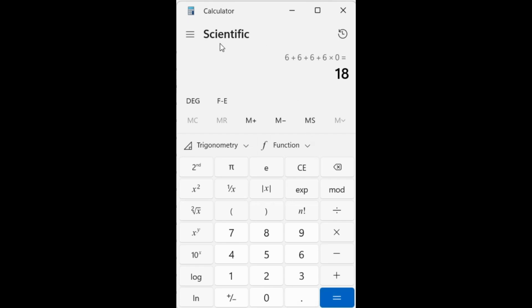And you'll notice that when I was in standard mode on this calculator, it was adding 6 plus 6, getting 12, adding 6, getting 18, adding 6, getting 24, basically acting as if it was hitting the equal sign after every operation. I guarantee 0 is not the correct answer. Multiplication has precedence over addition.